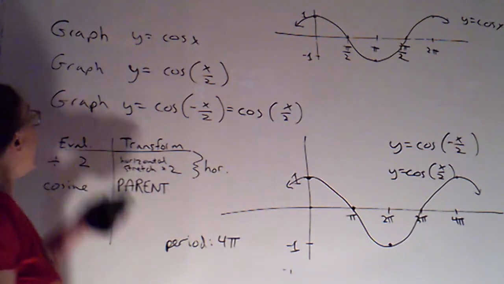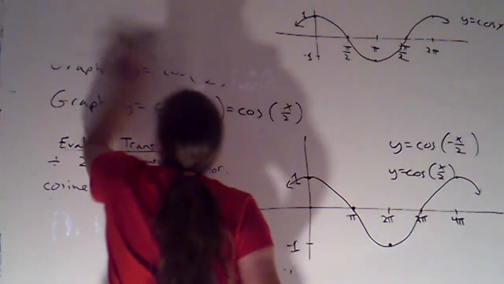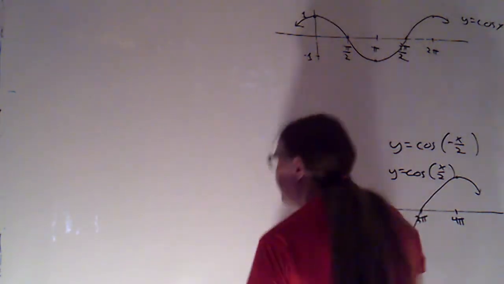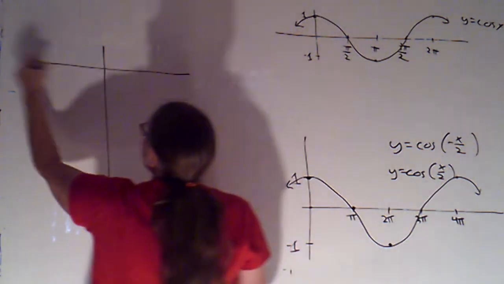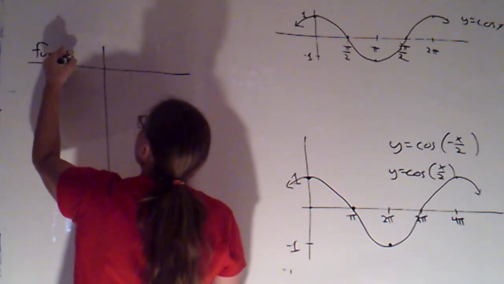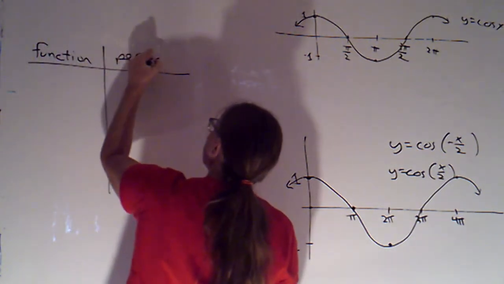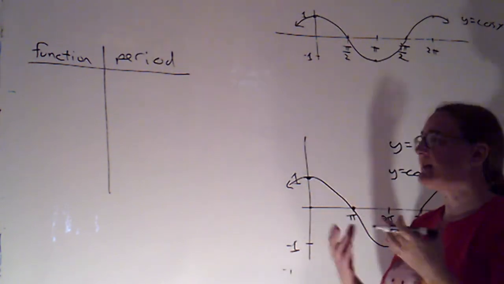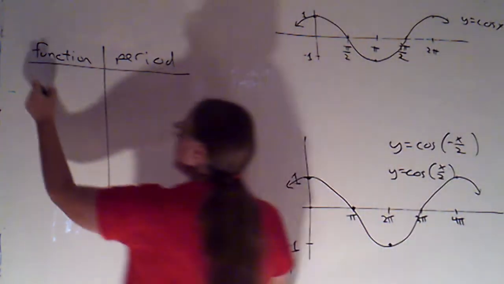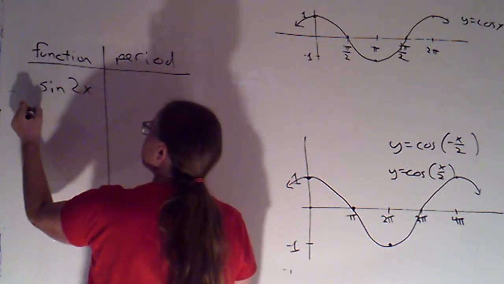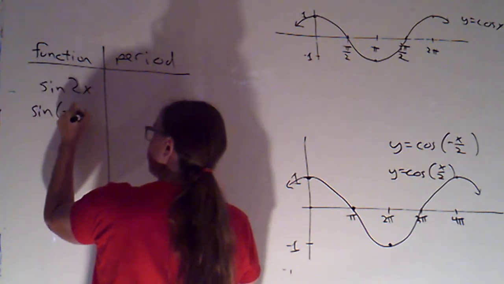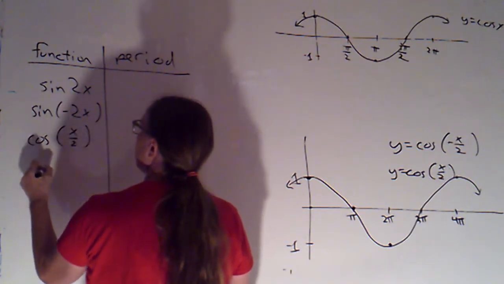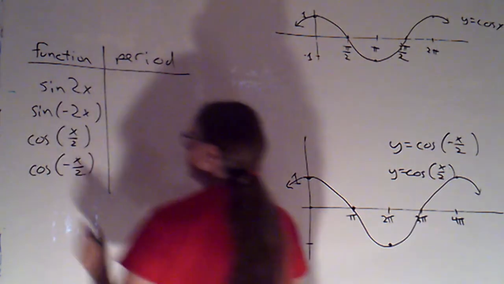All right. So I want to just real quickly review the functions that we've had and the period that they had when we were working with these sines and cosines of multiples of things. So we looked at sine of 2x, and then sine of negative 2x, and cosine of x over 2, and cosine of negative x over 2.